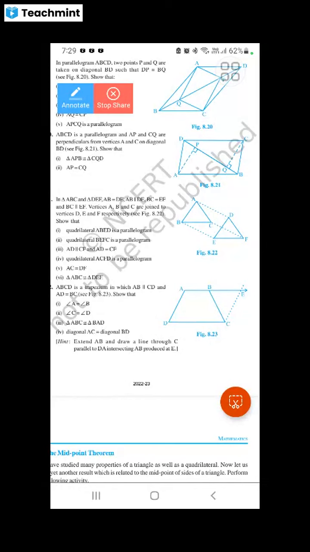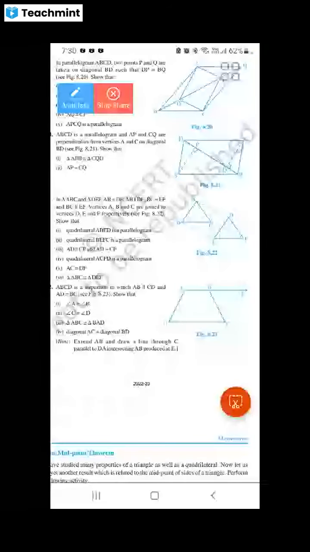AD is parallel to BE and AD will be equal to BE. Next thing, since BCEF is a parallelogram, BE is parallel to CF and BE is equal to CF. So by using these both relations, we have got that AD is equal to CF and AD is parallel to CF. Have you got what I said? Or should I write? Ma'am, if you write, it will be better.